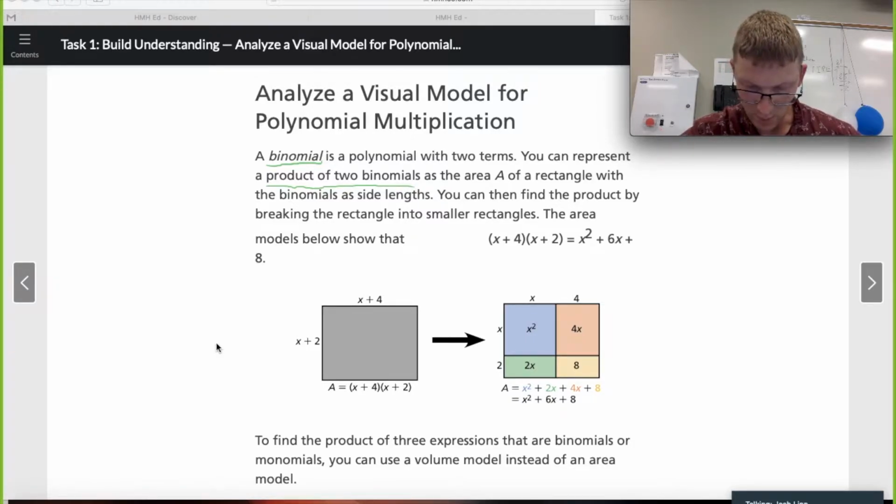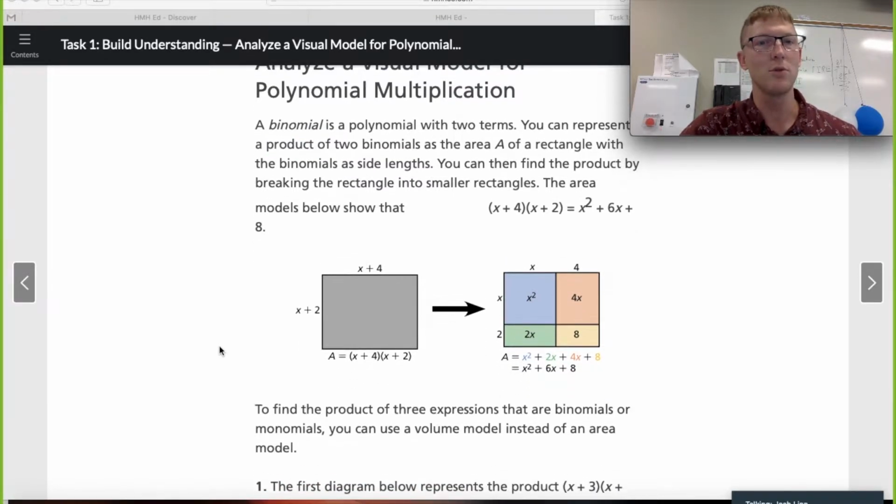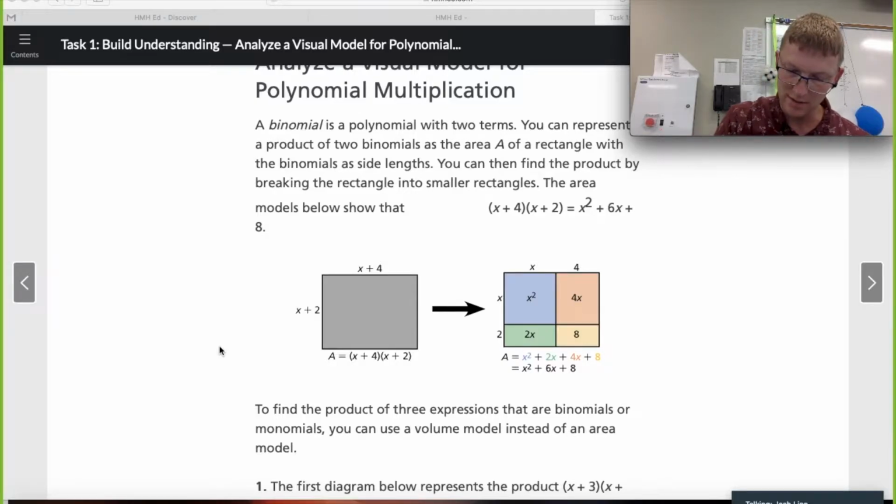So if we look at our rectangle, I'm sure all of you remember the area of a rectangle is length times width. You'll see that right here. And you can also express the area of a rectangle as a polynomial, like x squared plus, whatever, x plus whatever. You'll see that written right here.